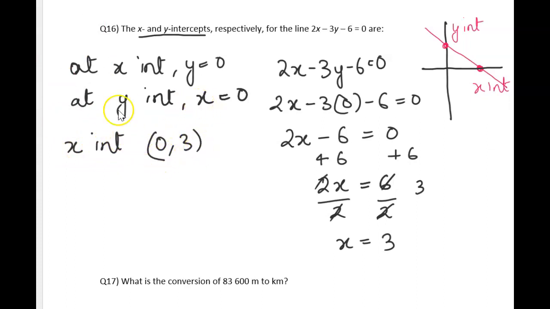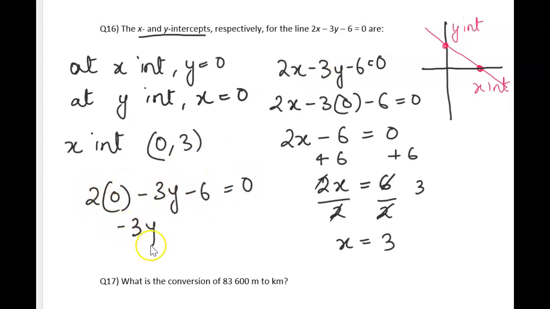Let's say what is the y-intercept. At the y-intercept x is 0. Now in the equation put x as 0 to find the y-intercept. So that becomes minus 3y minus 6 equals 0. You plus 6 both sides, which becomes minus 3y is 6. When you divide by negative 3 both sides, you will get the answer.